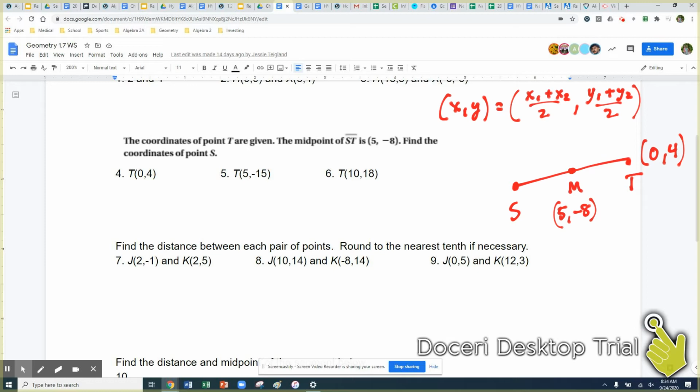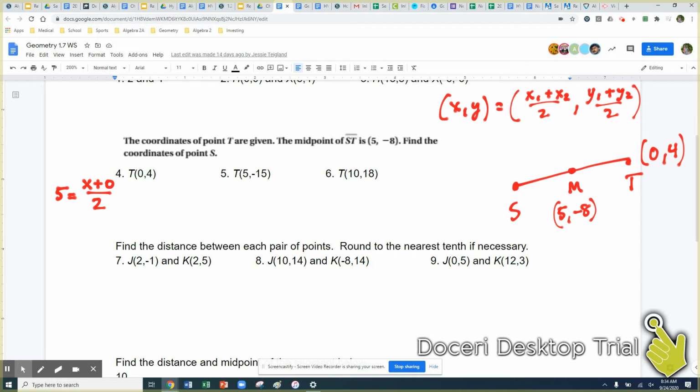If you know an x is 0, and they need to average out to 5, you can probably already start thinking, what does that other x coordinate need to be? But let's write it out. So we need the midpoint 5, that x coordinate, to equal x plus 0 over 2. So you're asking yourself, what number divided by 2 is going to equal 5?